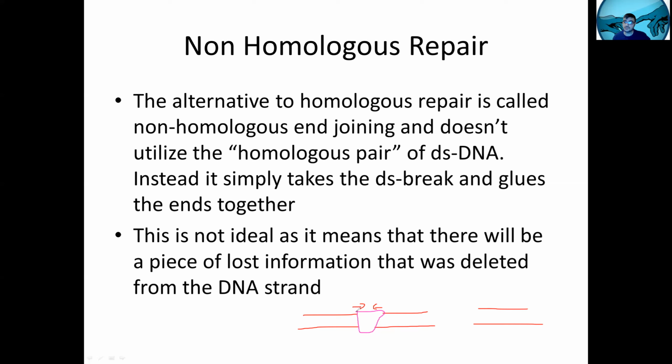It could also lead to different kinds of point mutations. Overall, it's not ideal, but it's still better than nothing, because if you have this break, you just can't read the DNA anymore, and you can never make an RNA or protein out of it. So having this is sometimes better than having nothing, but this is really not ideal. Ideally, what you want is homologous recombination.